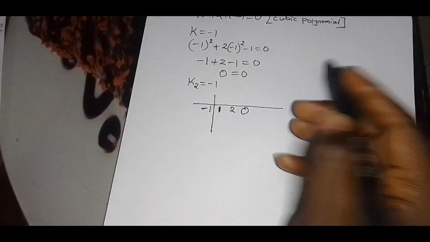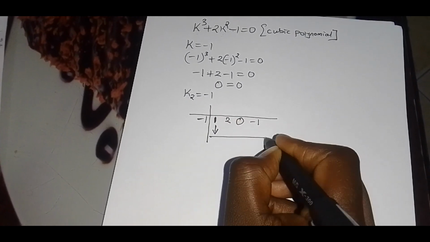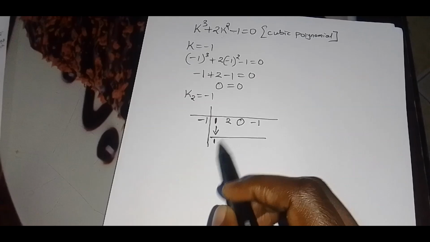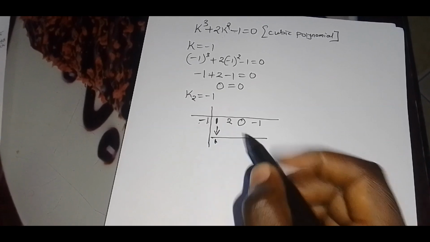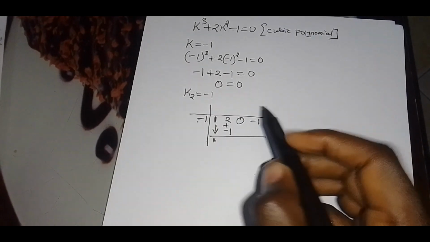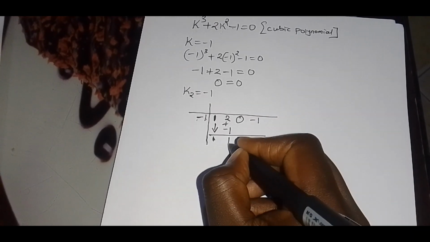And then we have the constant, which is -1. Now we can drop this 1 here, so we have 1 times -1, which is -1. If you add, we just add, so this is 2 plus -1, which is equal to 1.